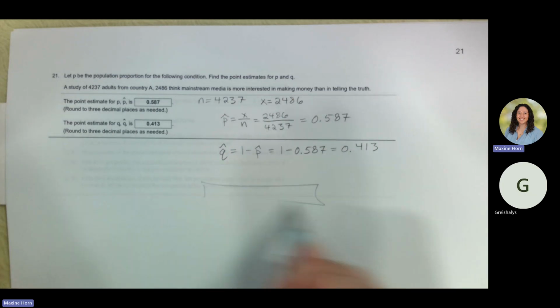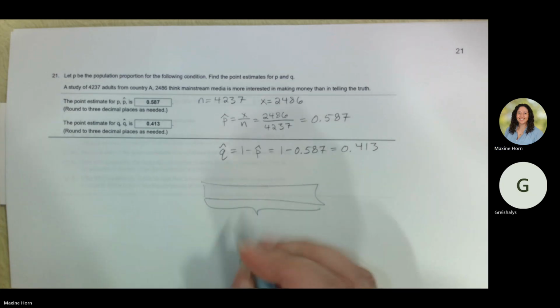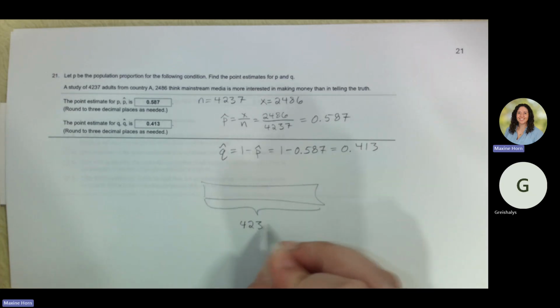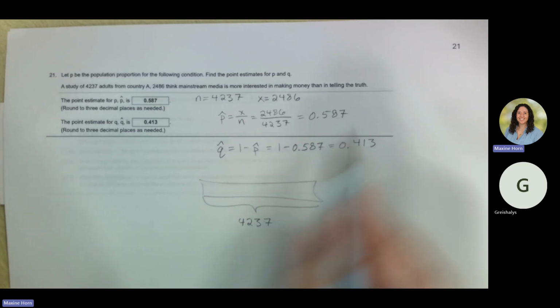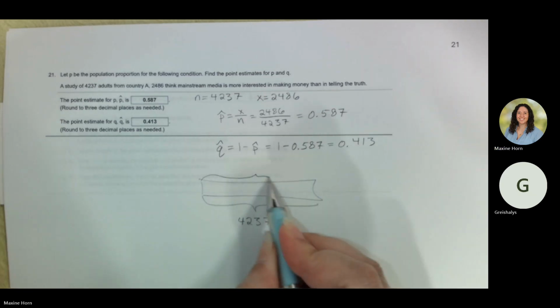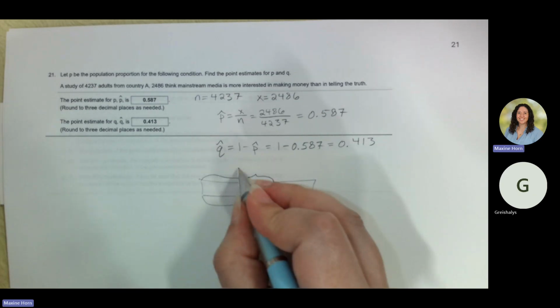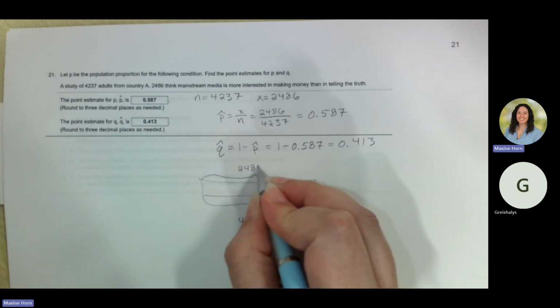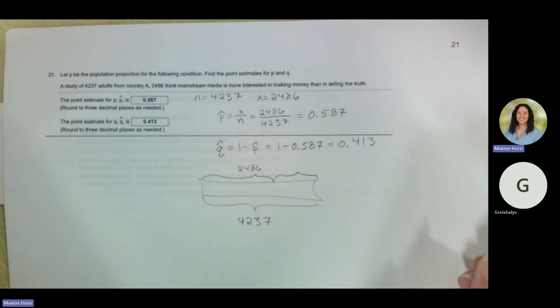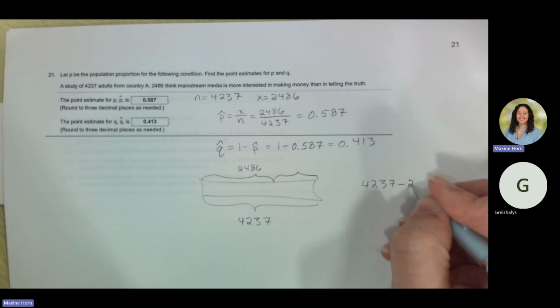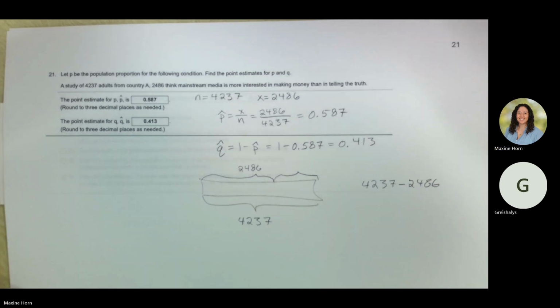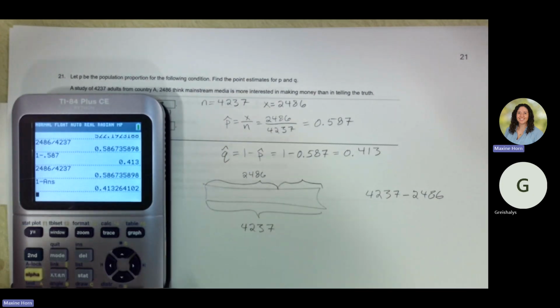I've got the whole group here is 4,237. This is a little bit more than half, is 2,486. So the rest of them would just be 4237 minus 2486, right?